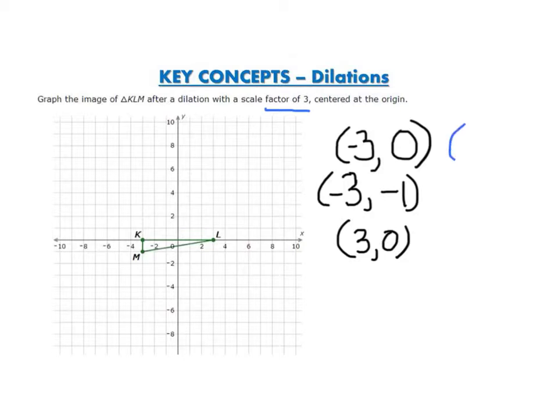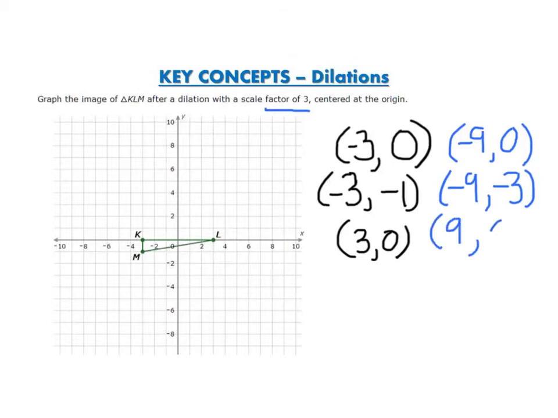So my final numbers are going to be -3 times 3 is -9. 0 times 3 is 0. Again, -3 times 3 is -9. And -1 times 3 is -3. 3 times 3 is 9. And 0 times 3 is 0.